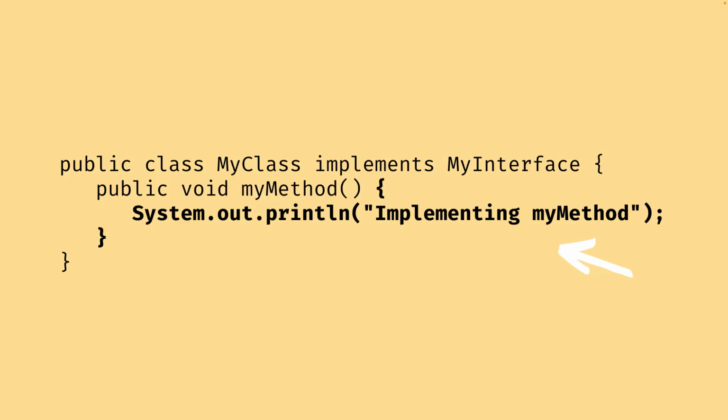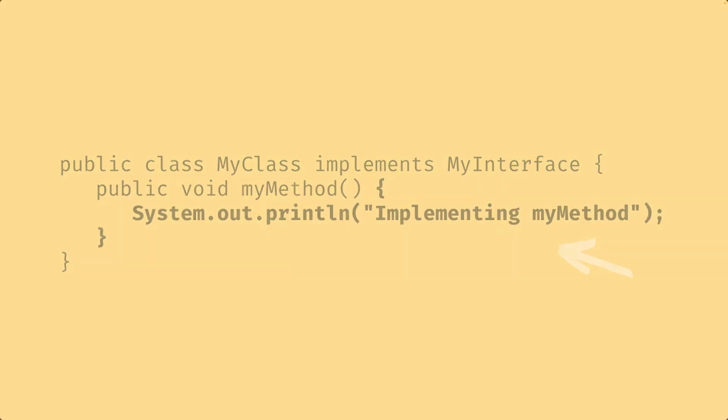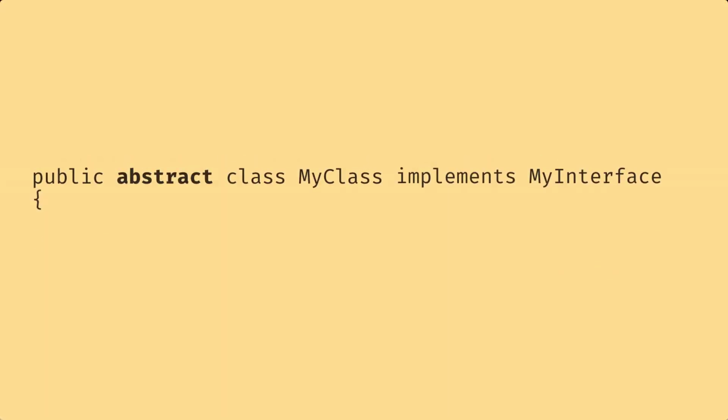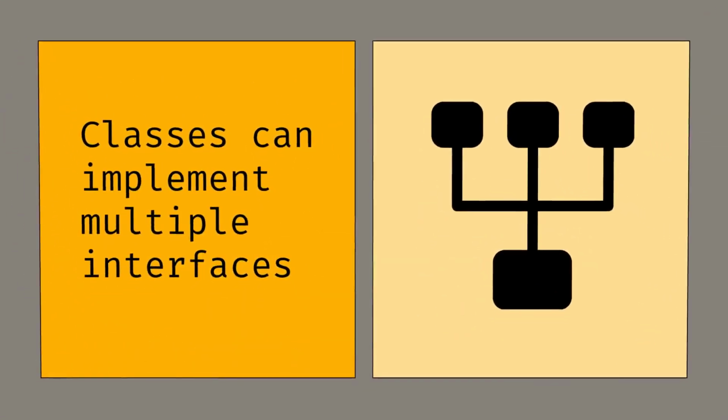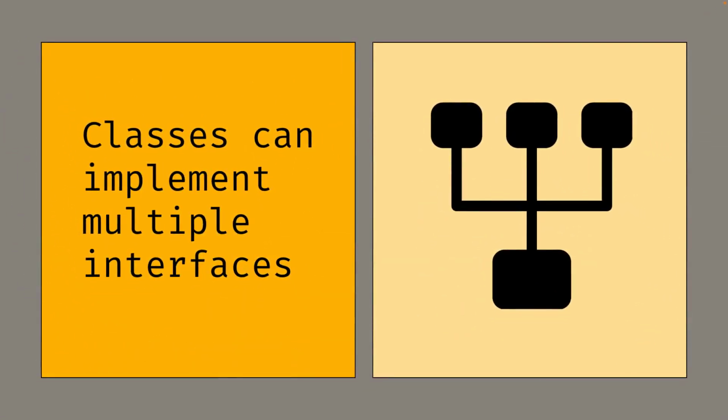If the class does not provide a body for a method in the interface, the class must be declared as abstract, but this is something we'll see in more detail in a later video. Classes can also implement multiple interfaces. Let's move over to IntelliJ and implement some interfaces.